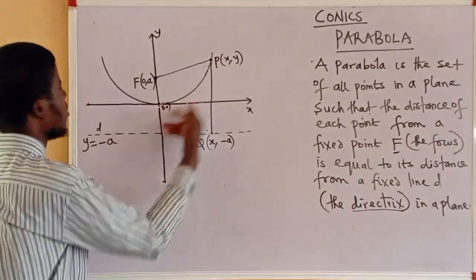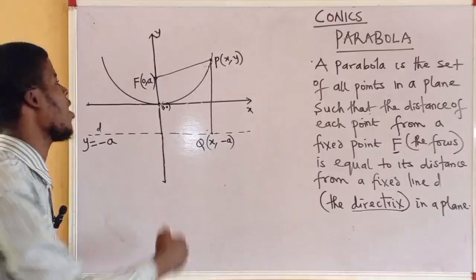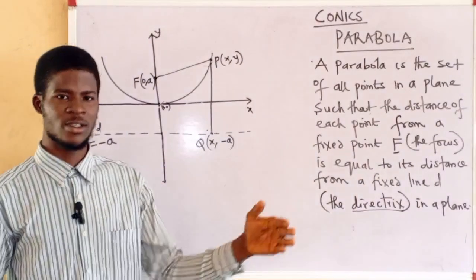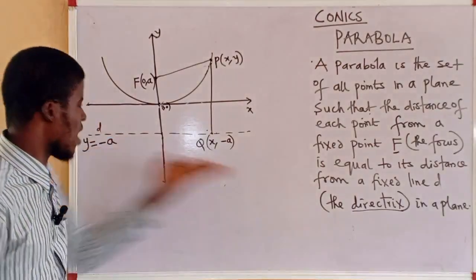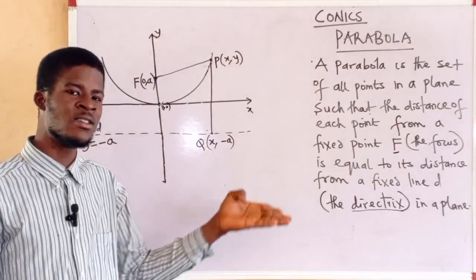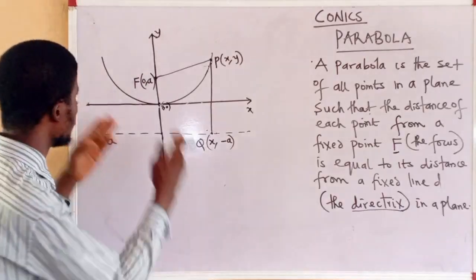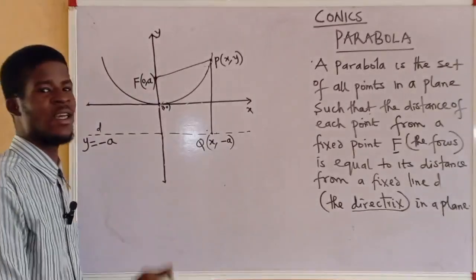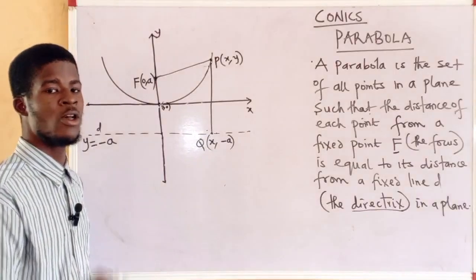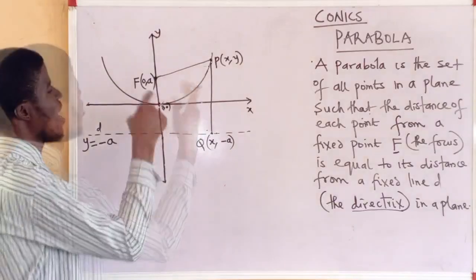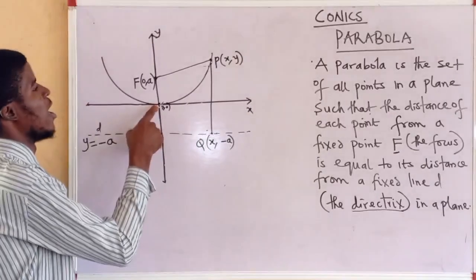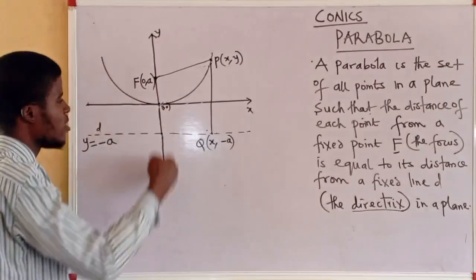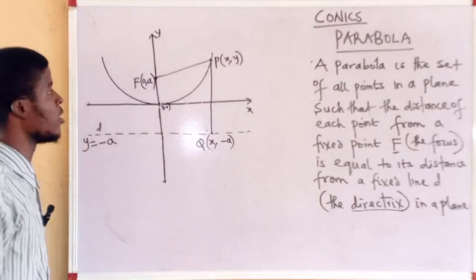So this parabola is symmetrical along the y-axis. We also consider the case where the x-axis is the axis of symmetry, but for this case, we are considering the y-axis. So what is the equation of the parabola that has its vertex at the origin, this focus, and the y-axis as the axis of symmetry?